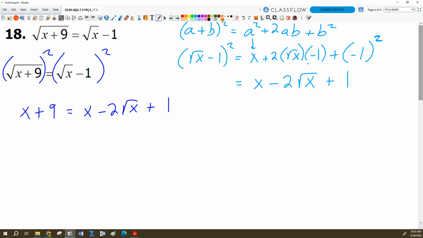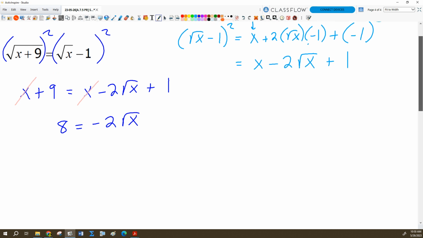Okay, so we could subtract x from both sides. Conveniently, this works out well in this case because look, those x's cancel. If I subtract the 1 to the other side, I'm going to get 8 equals negative 2 times the square root of x. Next step? Divide by negative 2, right?